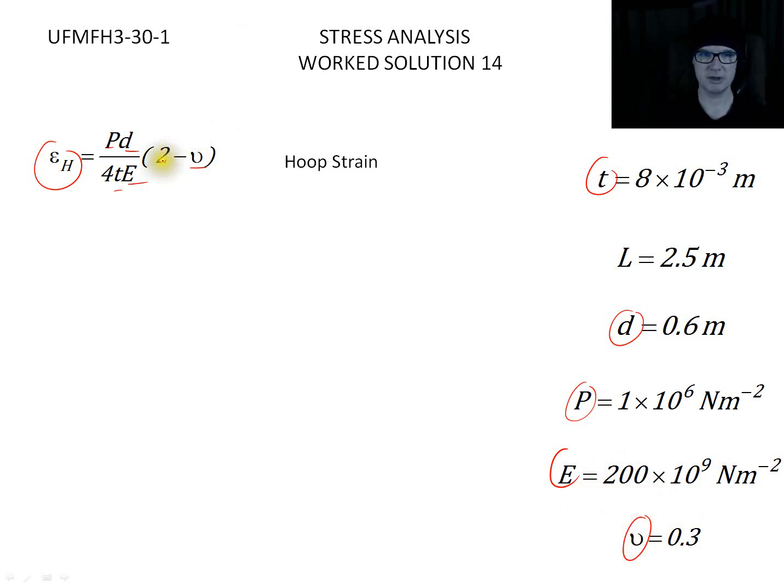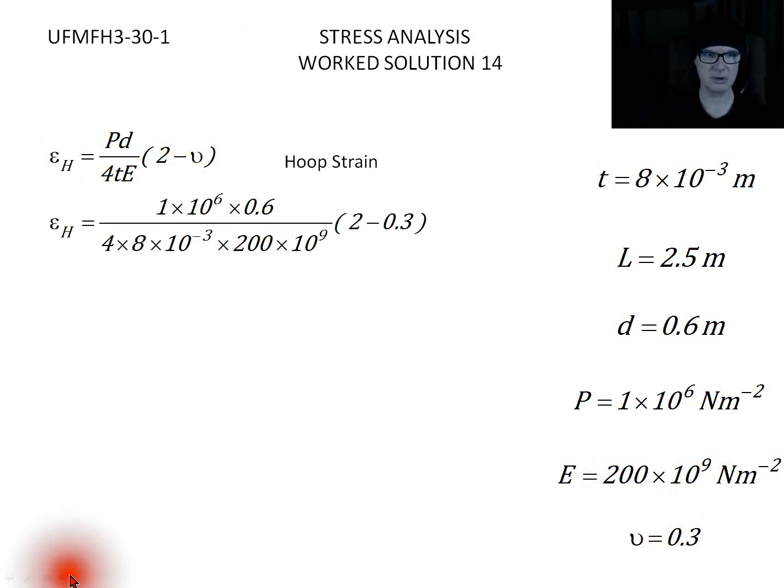So this is the equation to use. This is going to be the hoop strain. Substitute all my values in, and I get a strain result of 1.6 times 10 to the minus 4.